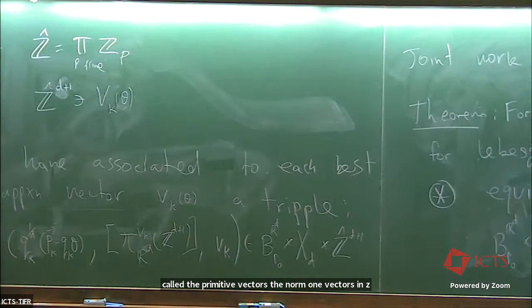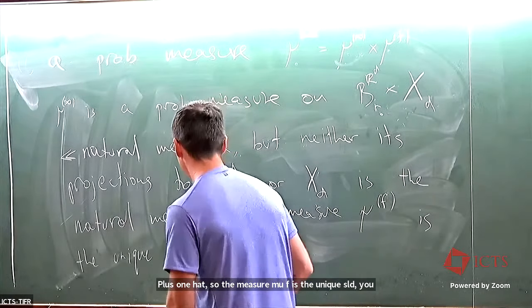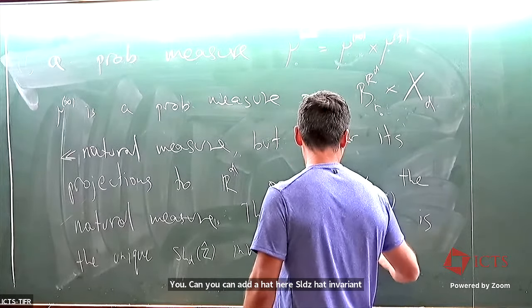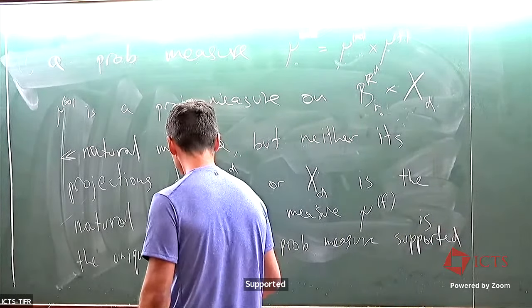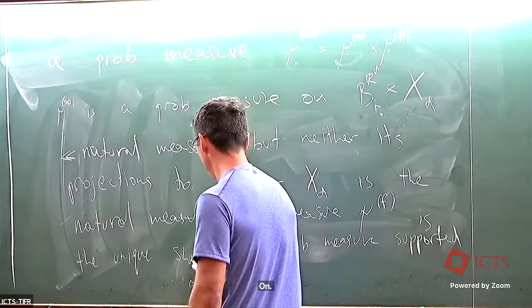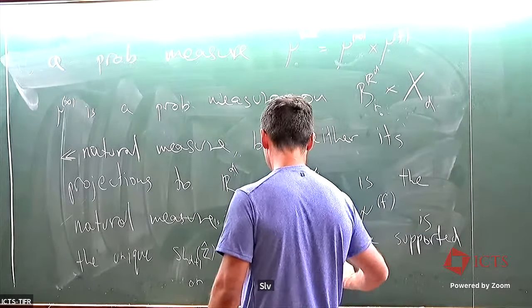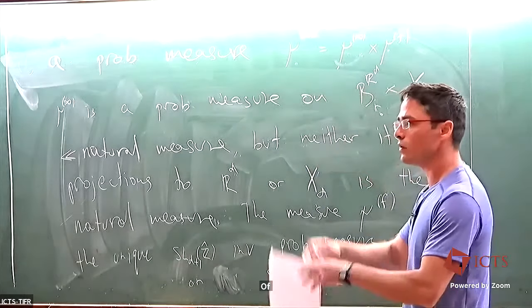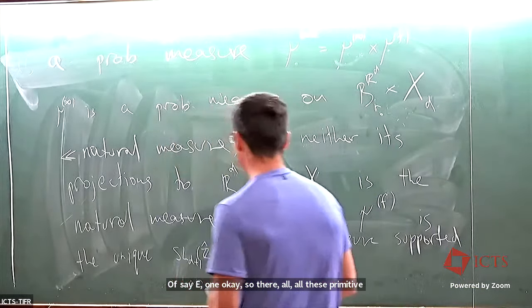So the measure mu_f is the unique SL_{d+1}(Z-hat) invariant probability measure supported on the SL_{d+1}(Z-hat) orbit of, say, e_1.